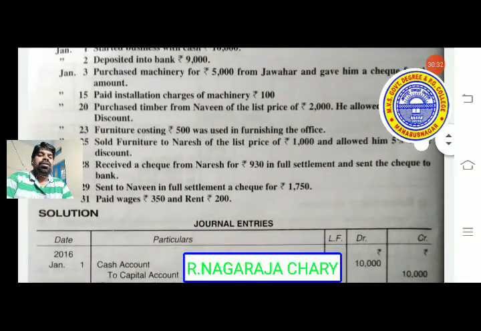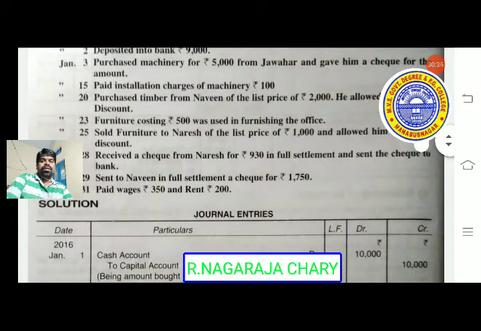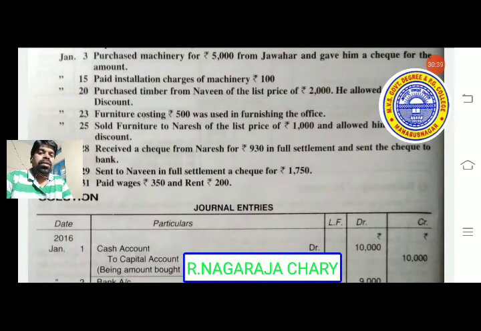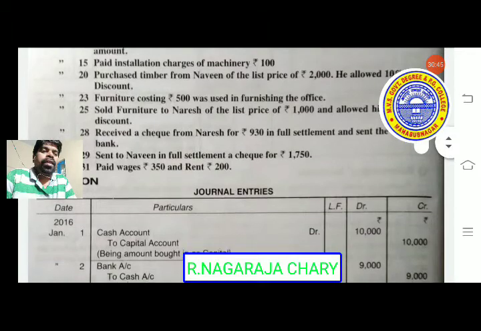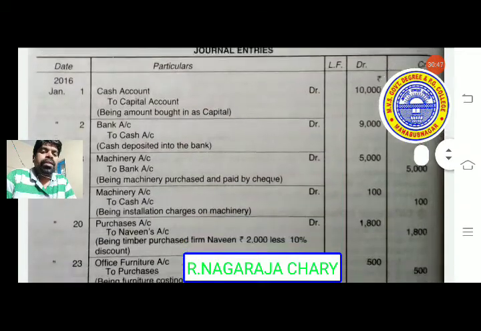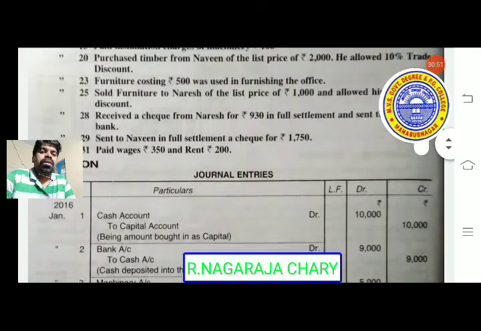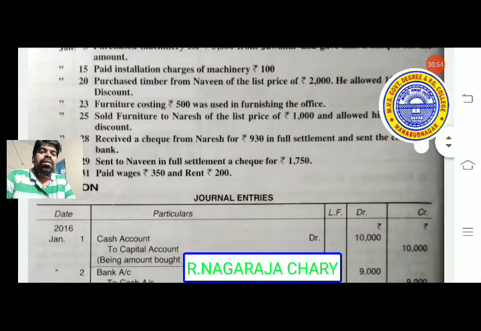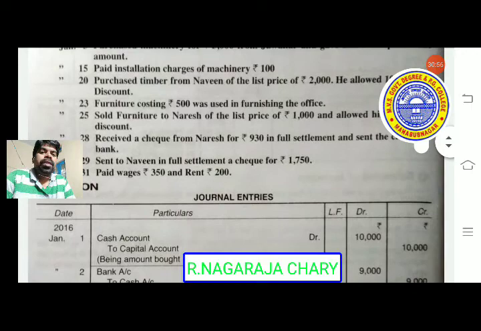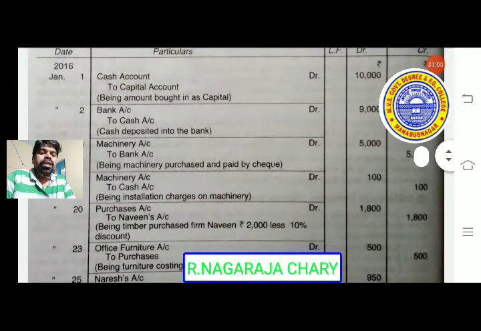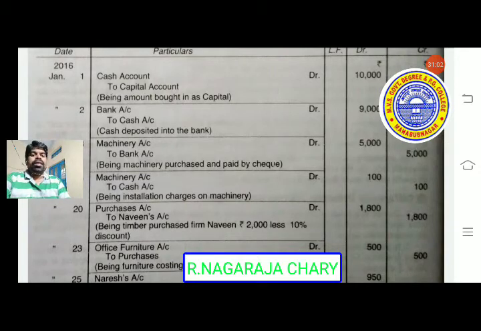Okay, right. Next we see paid installation charges of machinery, 100 rupees. On the third date we purchased one machinery that is to be installed. It is installed on 15th January. For that we pay 100 rupees. So, that is cash paid.